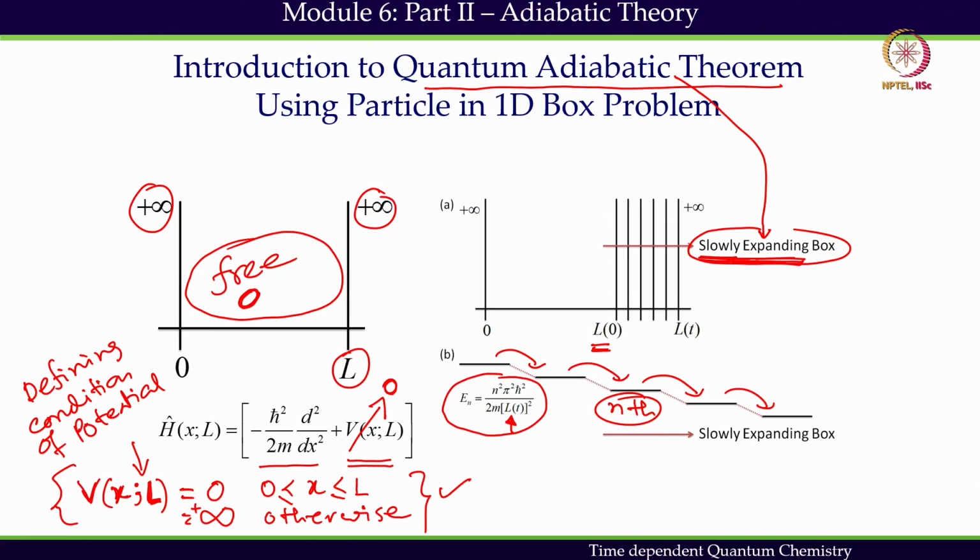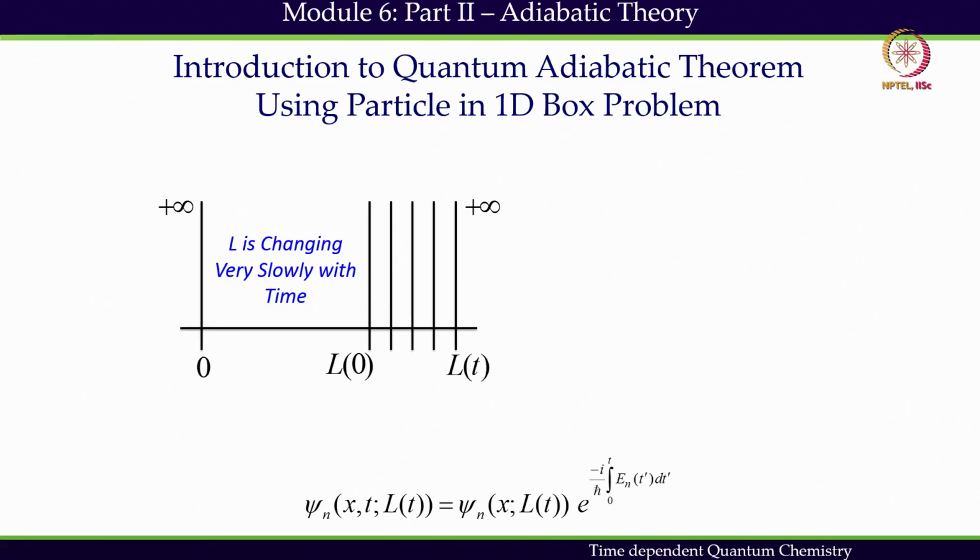So these are the facts one can immediately conclude from this expanding box problem, employing this quantum adiabatic theorem, where the adiabatic approximation is the slow expansion of the box.